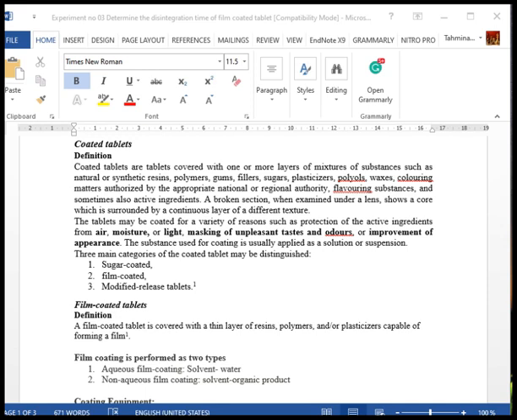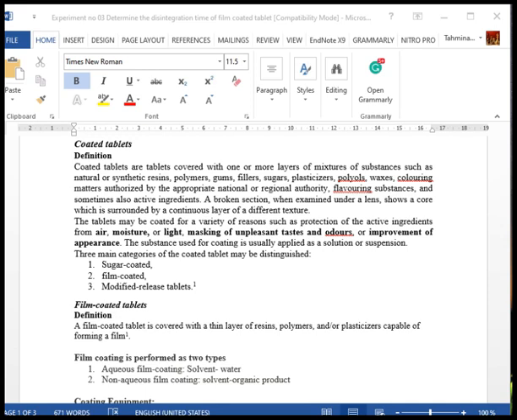For the protection of the active ingredient, or we have the intention to protect from air, moisture, light, and sometimes to mask the bitter or unpleasant taste or odor, as well as the improvement of appearance. The substance used for coating is usually applied as a solution or a suspension.